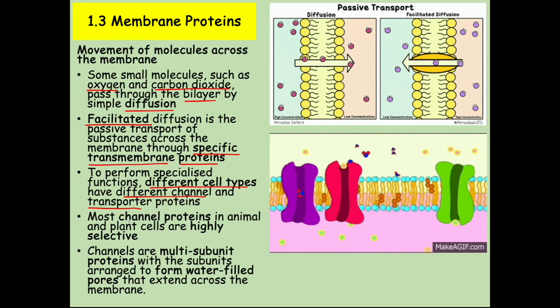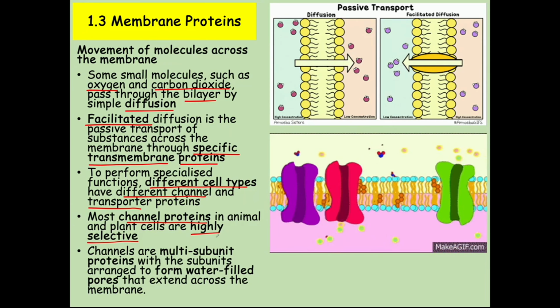Now, most channel proteins in an animal and plant cell are highly selective, and that comes back to the specificity we talked about, where only certain molecules or ions are able to pass through that particular channel protein.